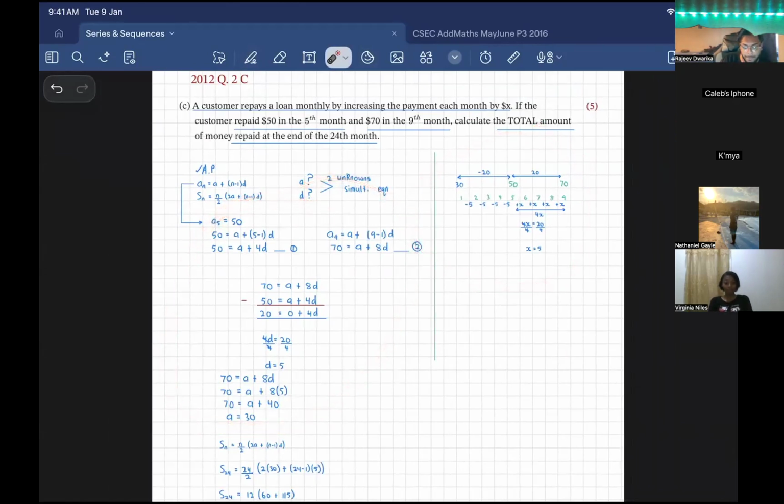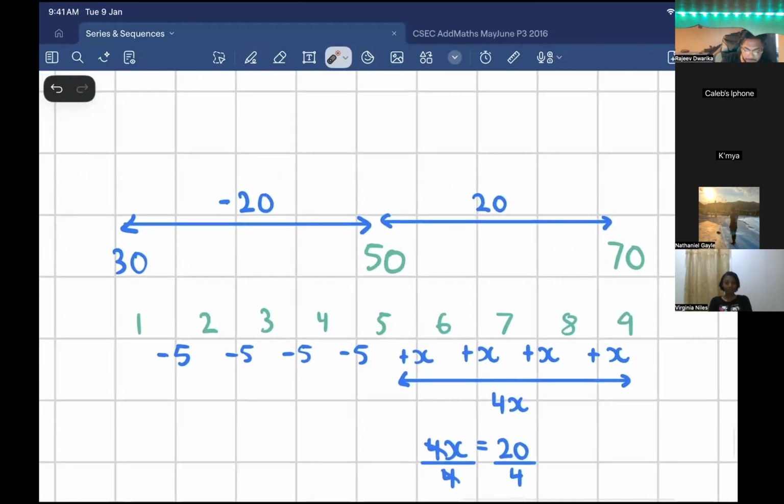And of course, if you wanted, you could have left out the 6, 7, 8, and you could have left out the 1, 2, 3, 4. Because think about it, if I want to go from 5 to 9, what is the difference between 5 and 9? 4.